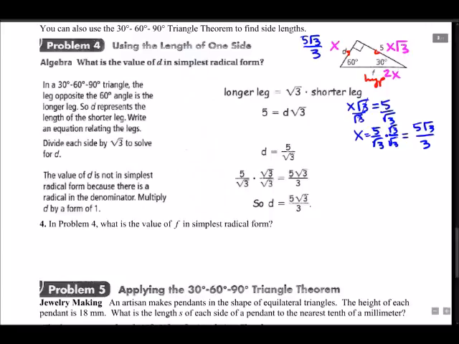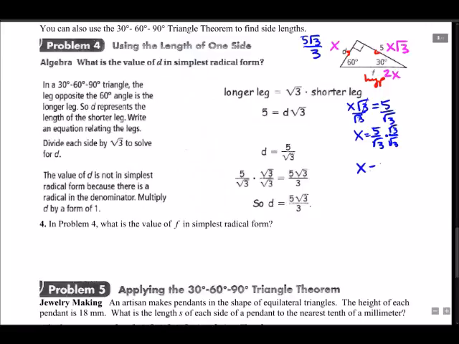We know the hypotenuse is 2 times x. I think I'm doing the next problem for you. I am. That's okay. Hypotenuse is 2 times x. We know what x equals. Actually, let's go back and write that a little better.